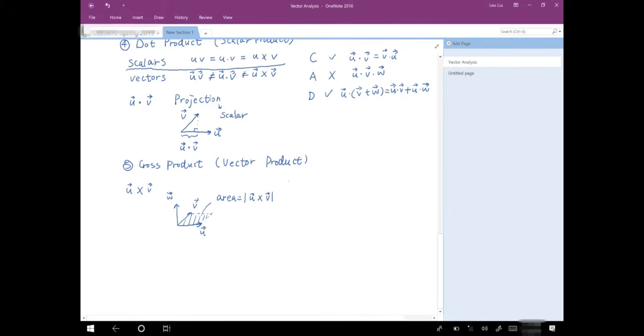So U plus V is going to be equal to the determinant of the following matrix.